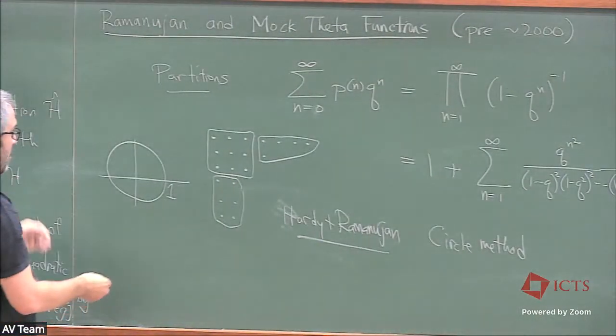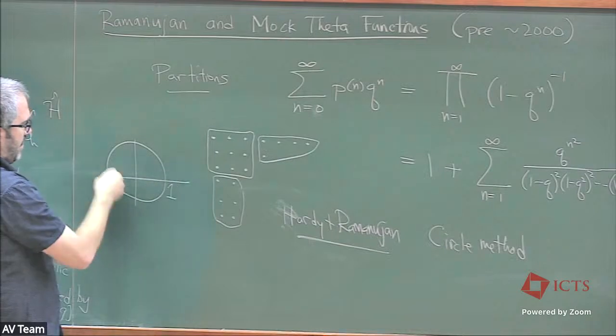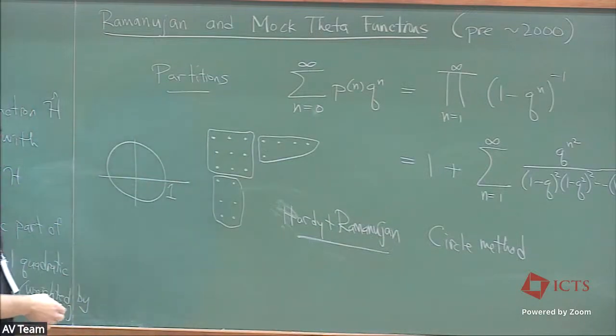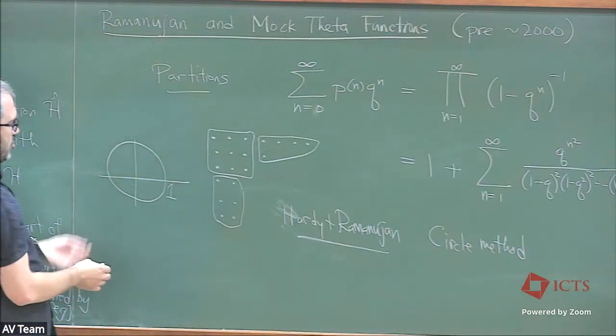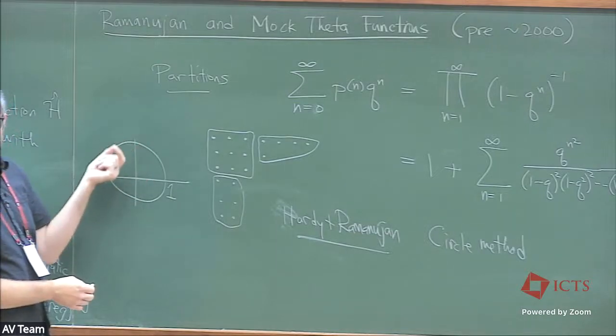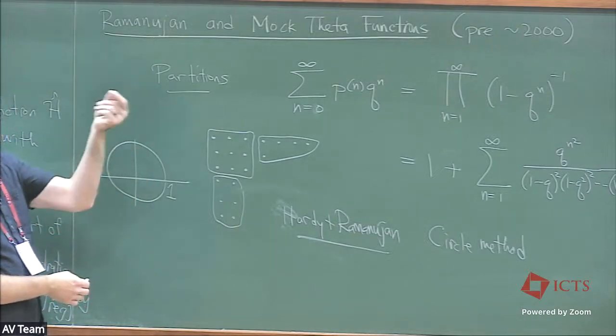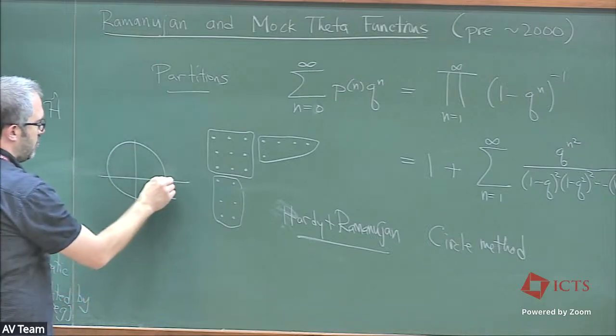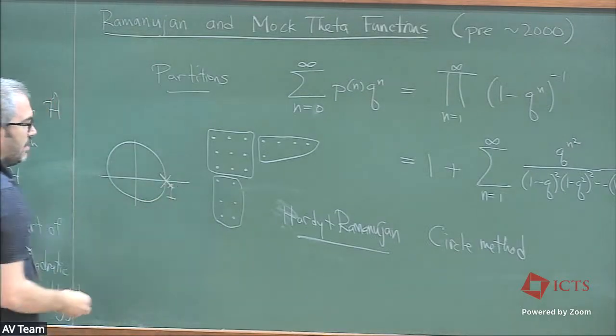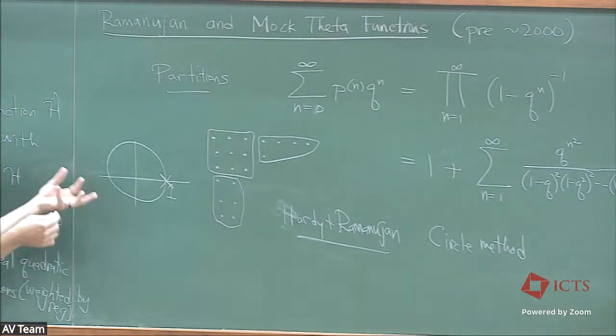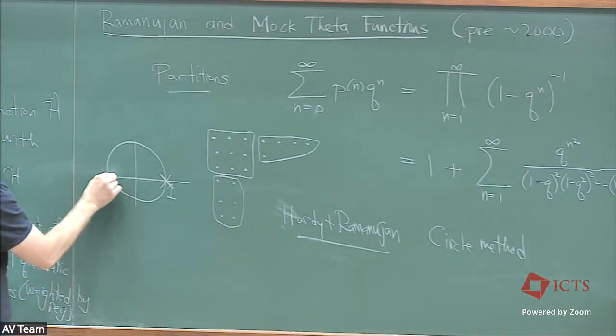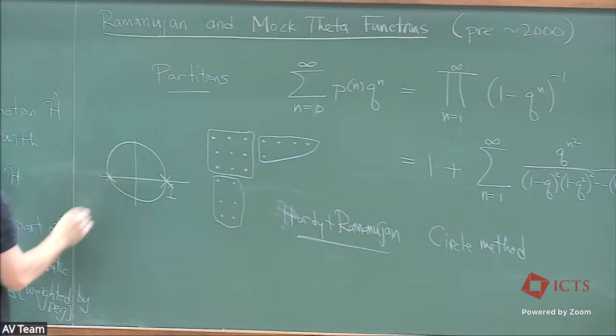P of n. Now, what happens here is that I just told you that there are poles at every root of unity, but they're sort of weighted by the denominator of the root of unity, or the denominator of the rational number that corresponds to the root of unity. This pole at 1 is really big, or at least it has a lot of weight. And the pole at minus 1 is maybe half the size.